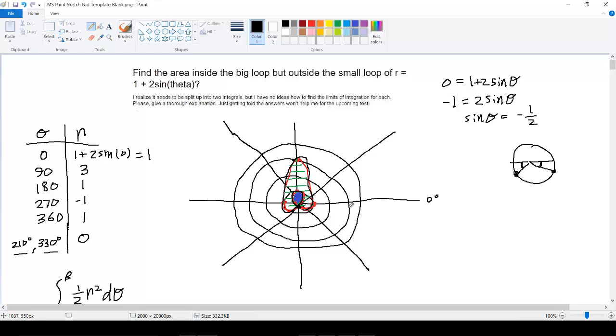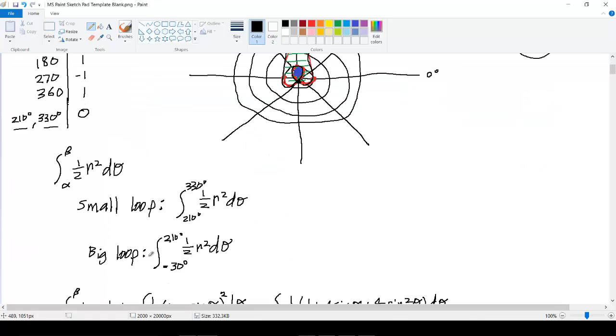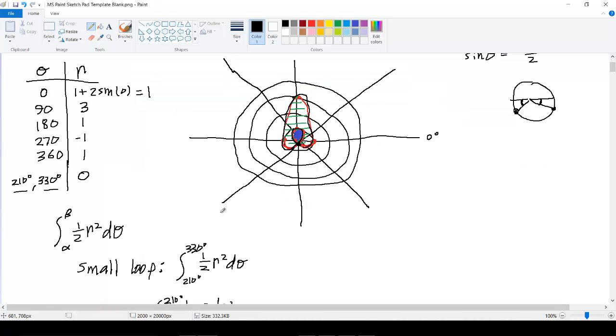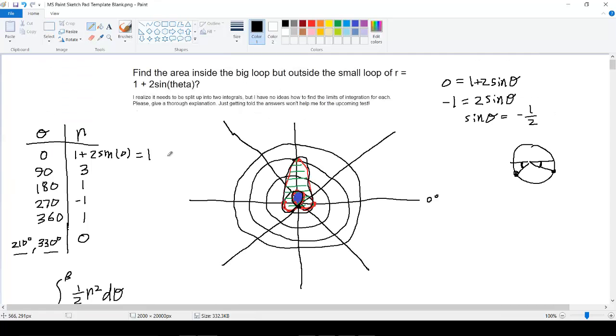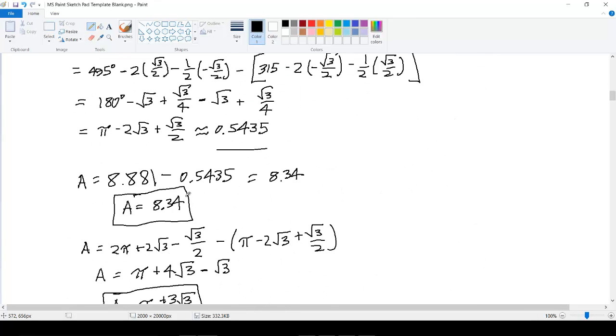Don't try to plot tons and tons of them, but a few scattered, and then if you have one area, like we had this little loop down here that wasn't entirely clear, plot some extra points in that loop so you can get exactly the right picture of what's going on. Once you have that picture, then it will be much easier to determine what the limits of your integration are. Okay? That's the biggest thing with these polar area problems. I'm not sure what else I can say about this.